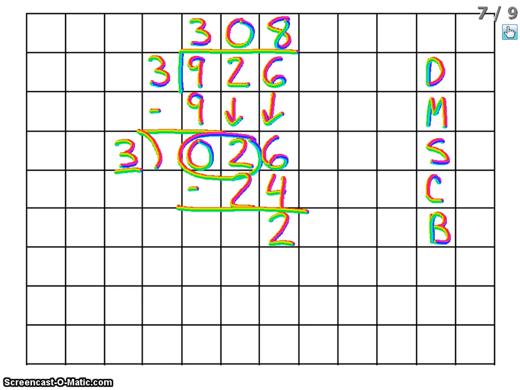I would go to the bring down part, but there's nothing else to bring down. I've run out of numbers for my dividend, so that means the number 2 is my remainder. So I just write capital R with a 2 representing remainder 2. So I have 926 divided by 3 equals 308 with a remainder of 2.